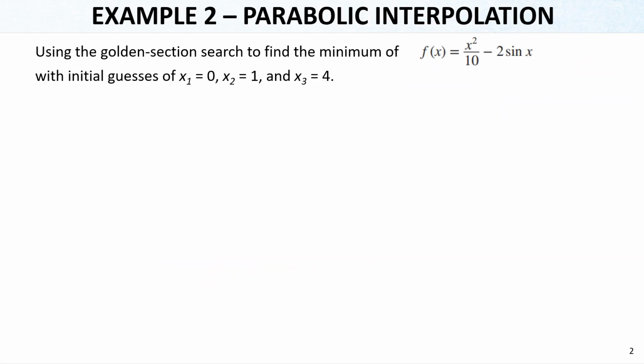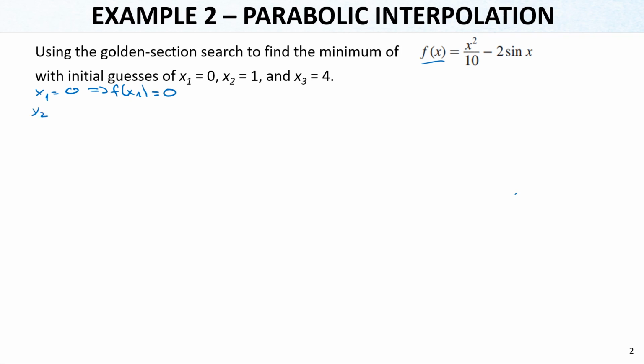In this slide, we will show an example for the parabolic interpolation to find the minimum of this function. We will start with these values, 0, 1, and 4. Basically, we first need to calculate the function values. If x1 is 0, then f(x1), when we substitute this into the function, is 0.